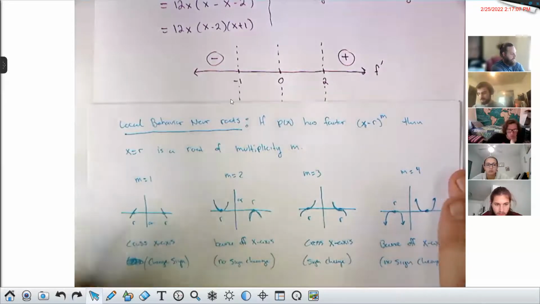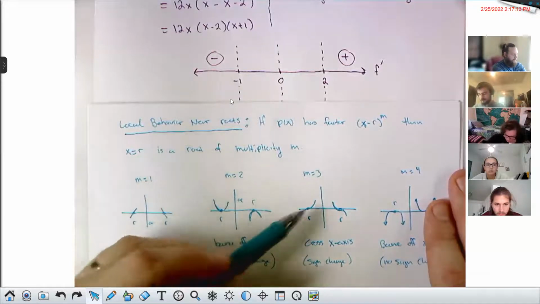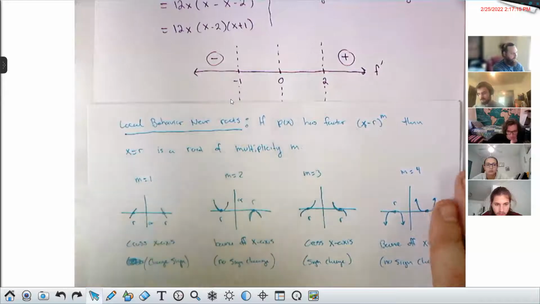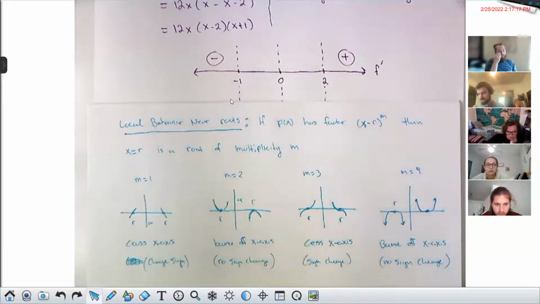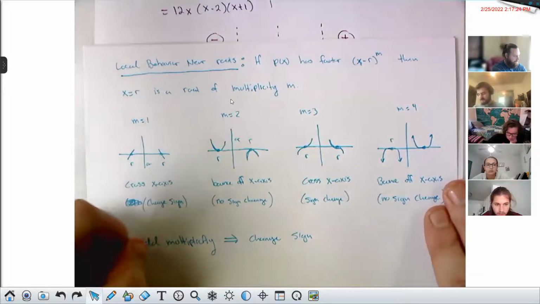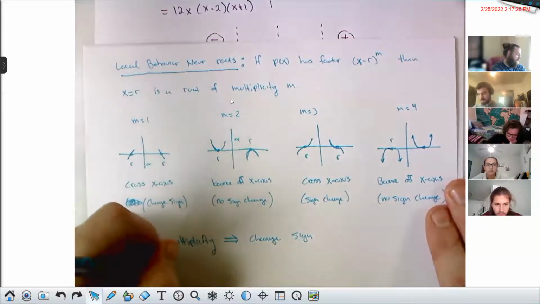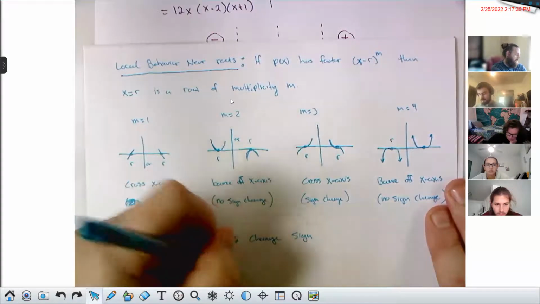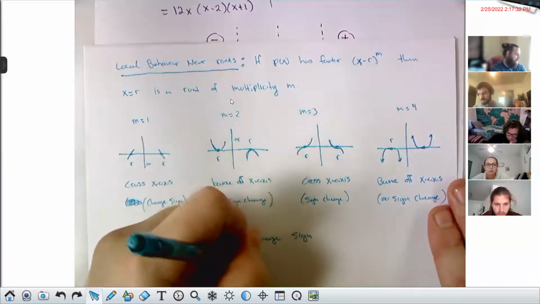And I drew two pictures here because that means you're either going to go from negative to positive or from positive to negative. Either one is possible. So odd multiplicity means you will change sign. Even multiplicity means you will not change sign.